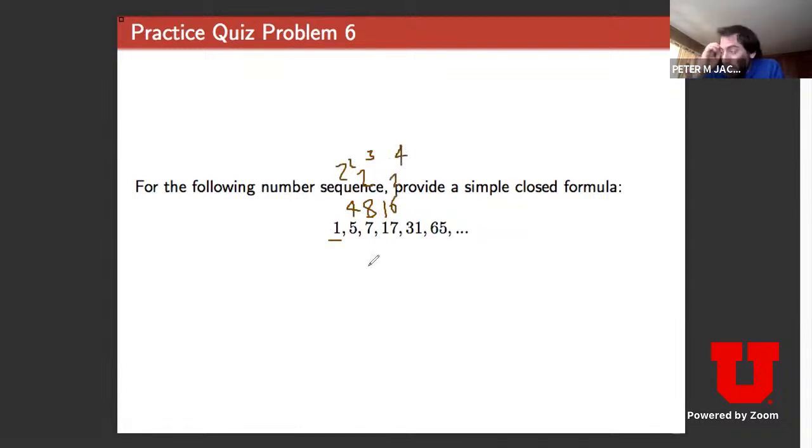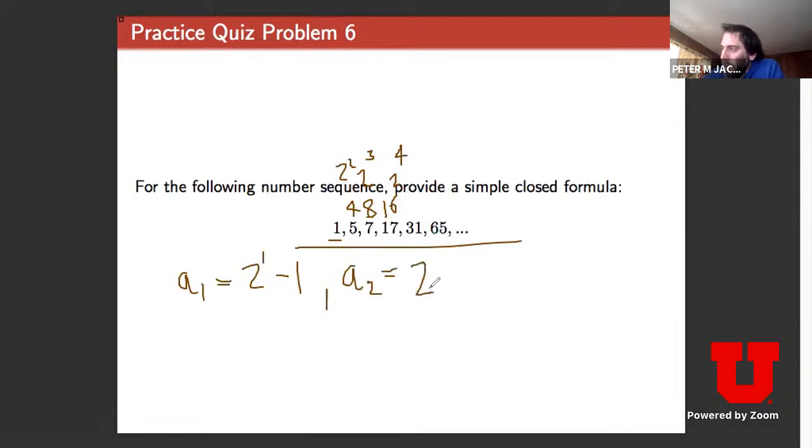So that's telling us this has something to do with powers of 2. If you look at 1, it's 2 to the 1st minus 1. Interesting. Okay, and then 5 is 2 squared plus 1. Well, that's weird because we just subtracted 1 from the power of 2, and in the second term we're actually adding 1, but let's keep going.